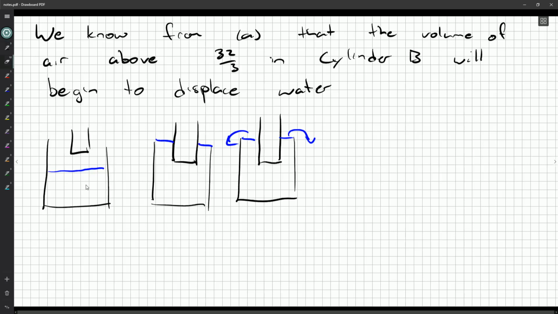And then we'll reach this moment where B isn't at the bottom yet, but the top of B is now equal with the water. Water will stop spilling out and now start flowing in.